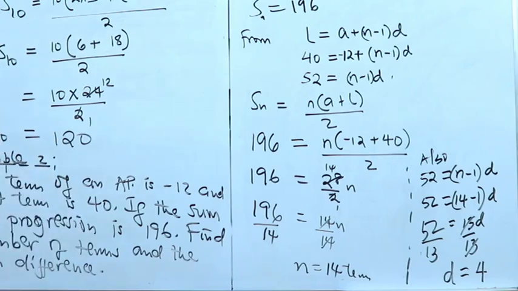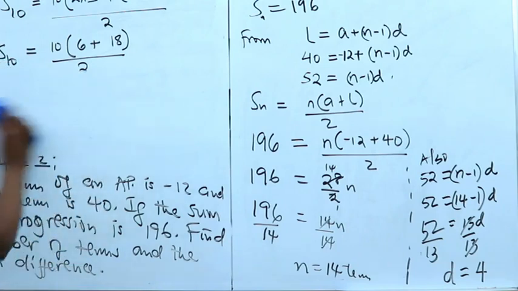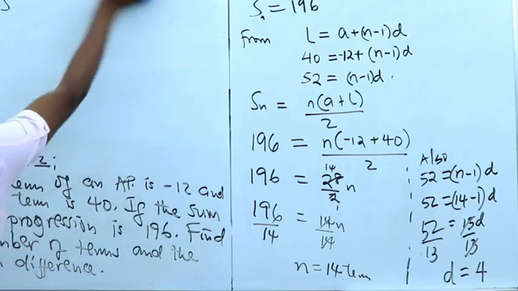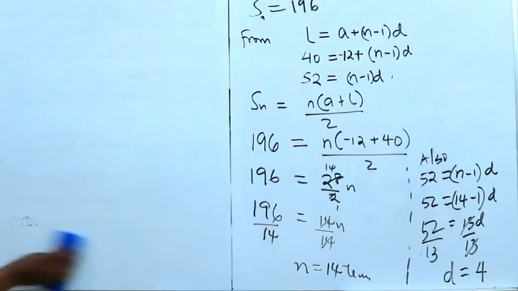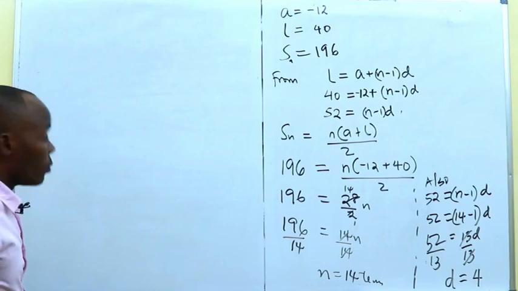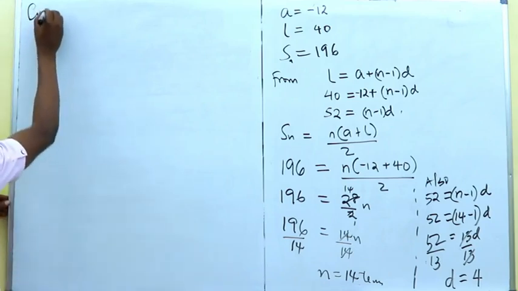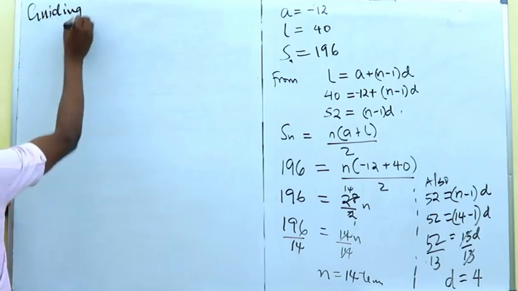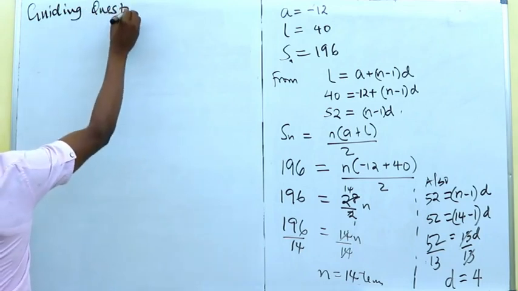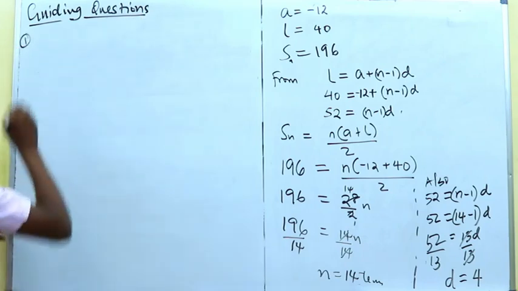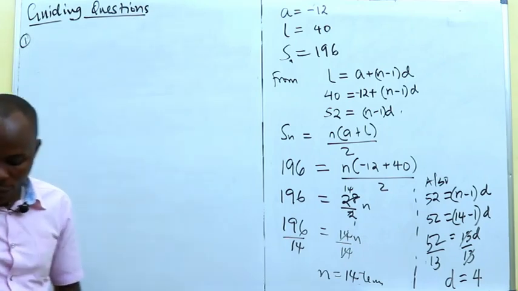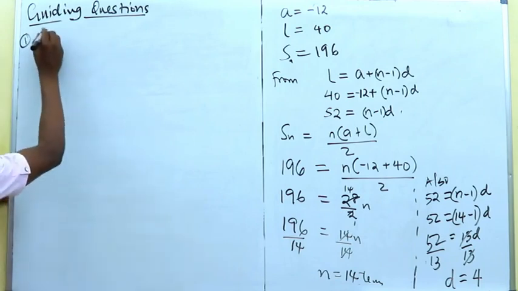I want to give you at least 2 guiding questions for your revision purposes. Question number 1: the first term of an AP is a half.